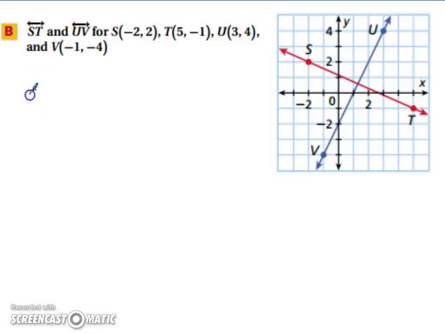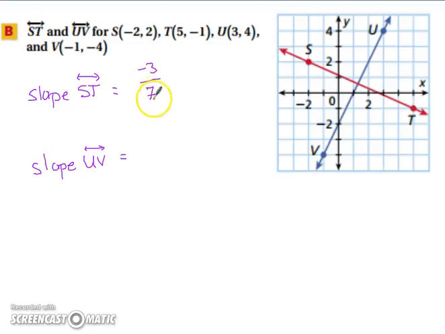For this one, we want to know what the slope of ST is, and we want to know what the slope of UV is. Alright, so for S to T, we're going down 1, 2, 3. So we've gone down 3, and we're going over 1, 2, 3, 4, 5, 6, 7.